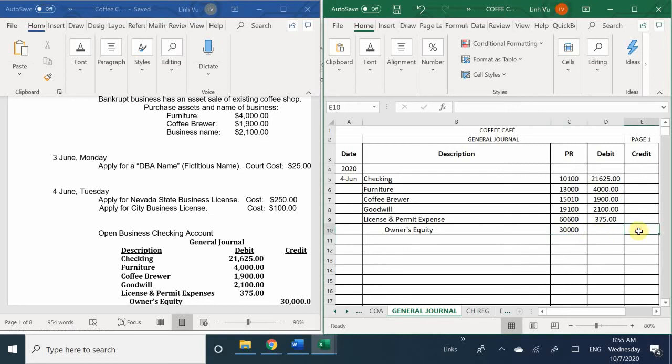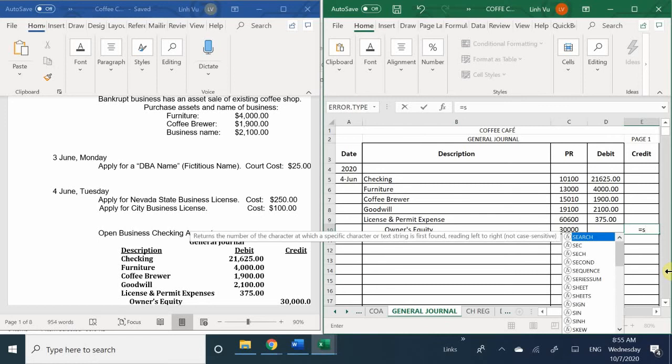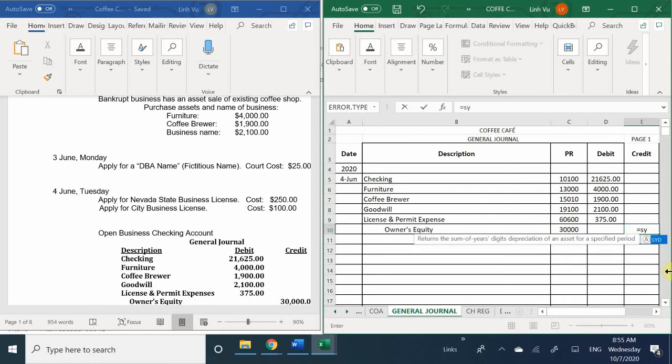And to be safe, or just to see if you actually typed everything correctly, you could go ahead and apply your formula if you'd like, just to double check that it does equal 30,000. Sum, and I'm going to highlight all of this. Does it equal 30,000? Yes, it does. Okay.